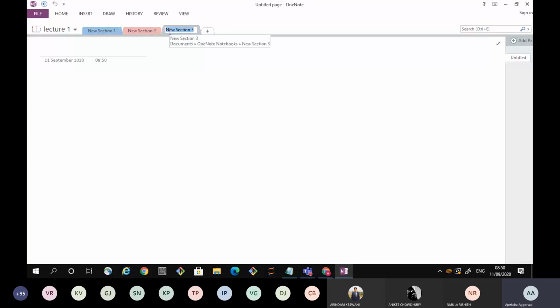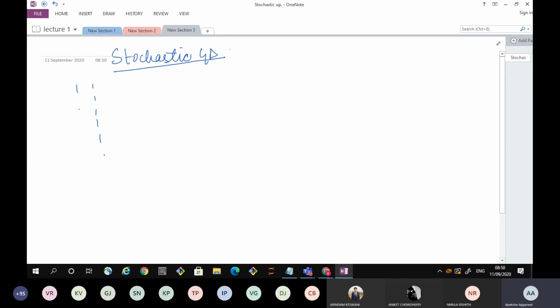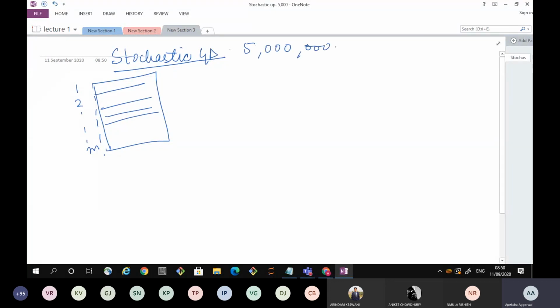Okay. So first thing, let's see what is stochastic gradient descent. Before understanding that, we have to know that suppose we have m training examples, 1, 2 up to m. This is my data set with m training examples. Now suppose I have 50 lakh points, which is a very large number.